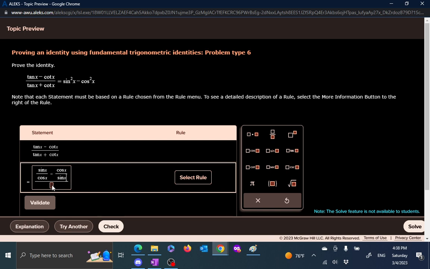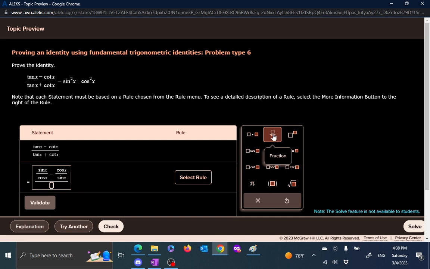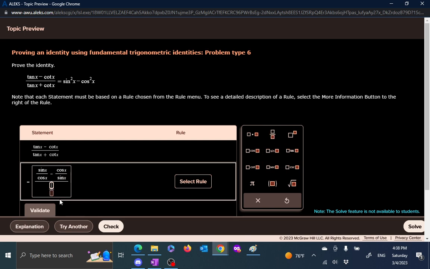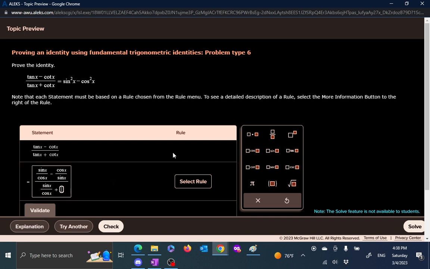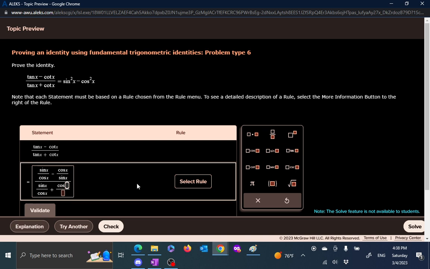So I am going to come here. Let's see if it works. So I'll have sine of x over cosine of x, and then plus another fraction, cosine of x over sine of x.